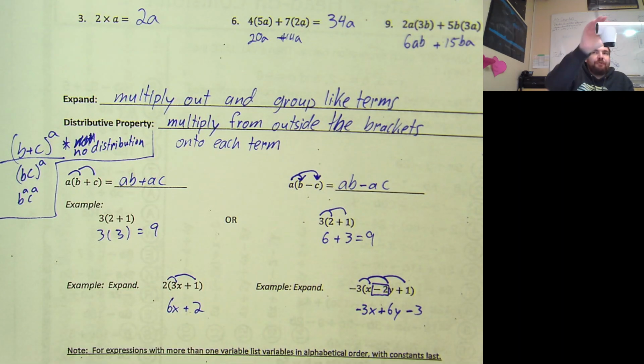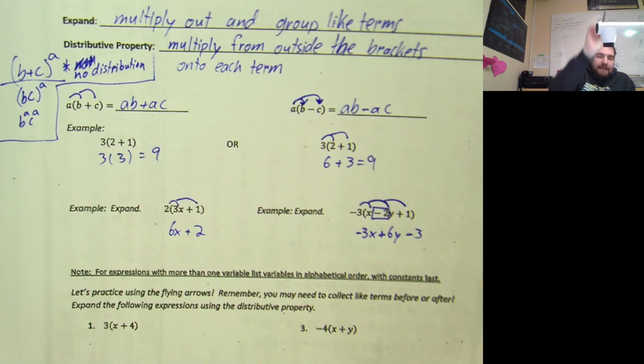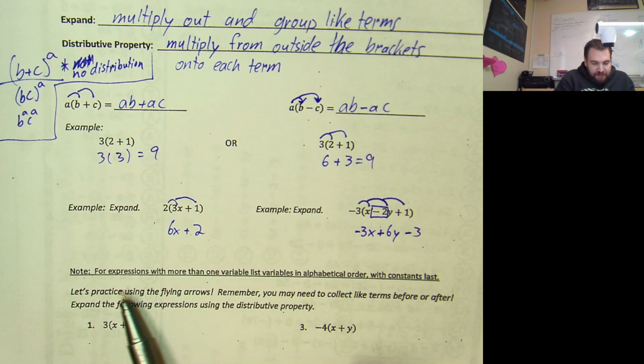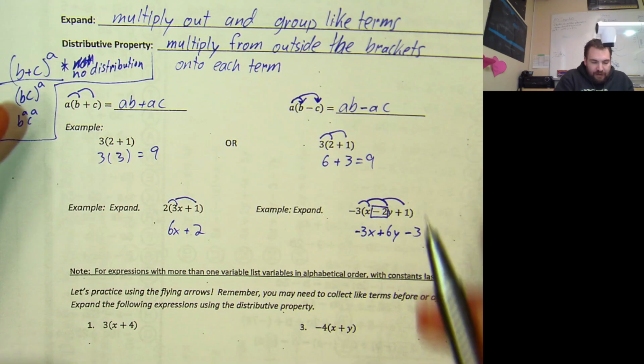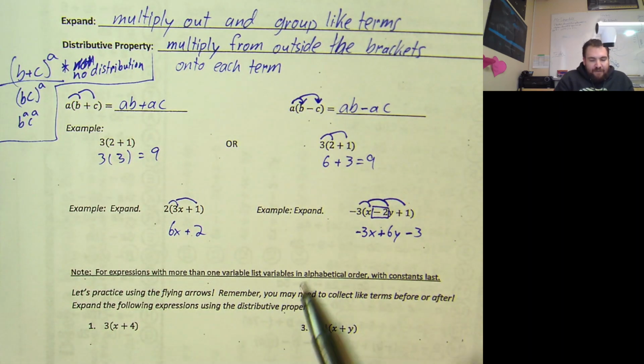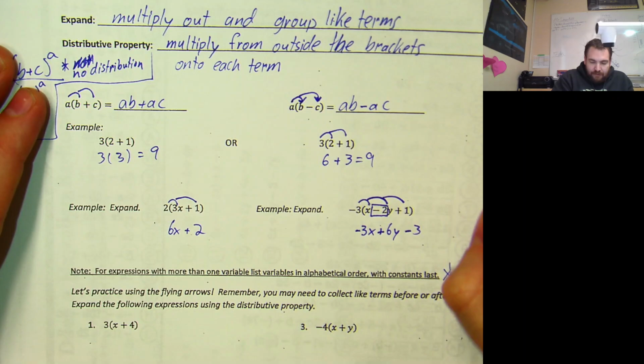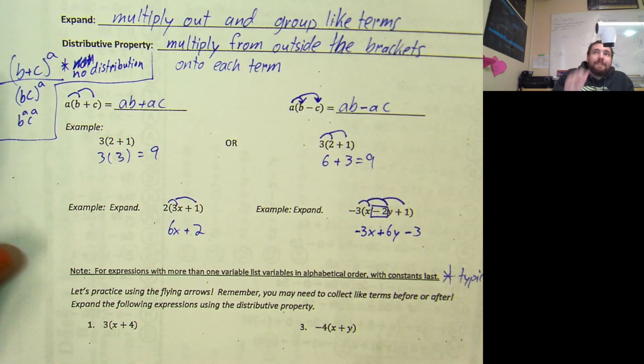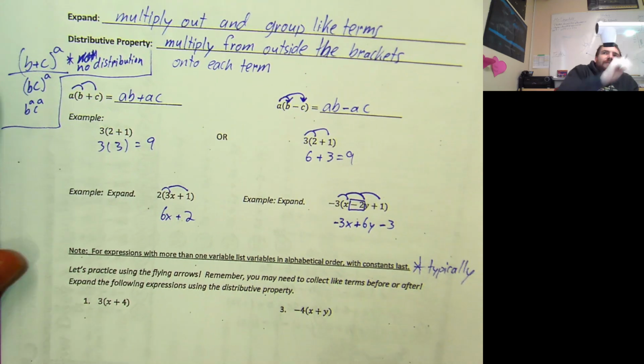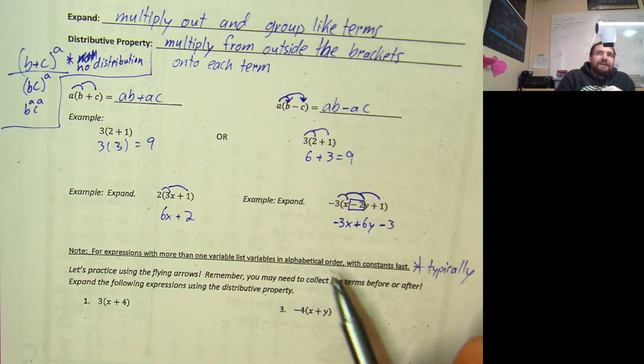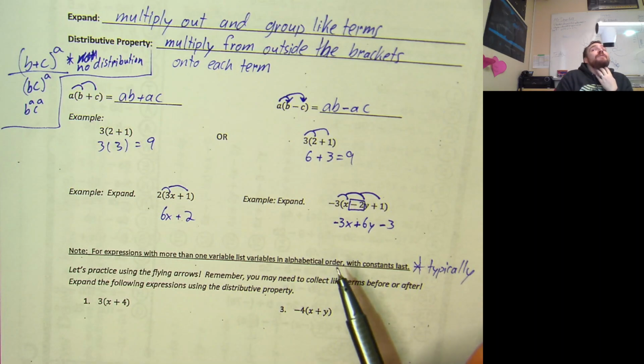Typically for expressions with more than one variable, we list the variables in alphabetical order with constants last. That is typically how things are done. Sorry, that says typically. This is not a hard and fast rule. Like if you don't do this, I'm not going to take marks off or anything. There are times where it makes sense to not do it exactly this way.